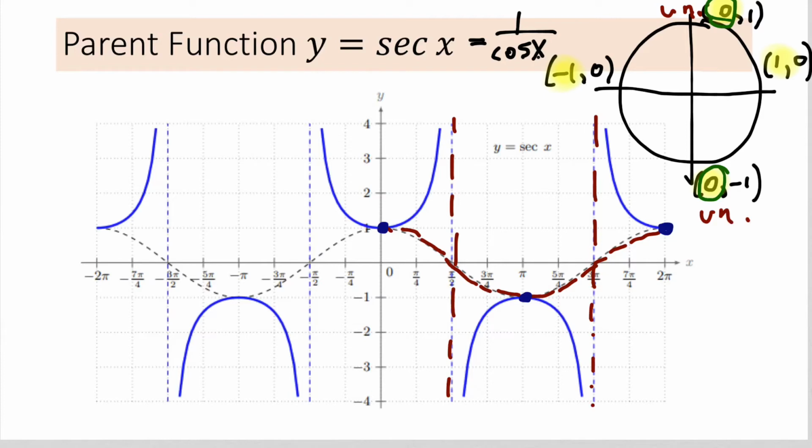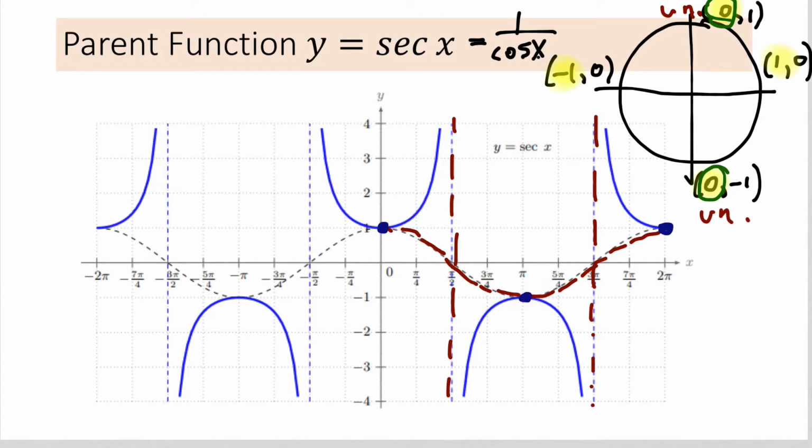Okay, so that occurs where at 0 degrees, your cosine is 1. So 1 over 1 is also 1. So your cosine and your secant have the same value, 1. So this dot is on both the cosine graph and the secant graph.